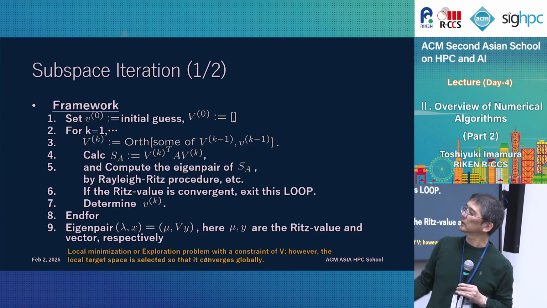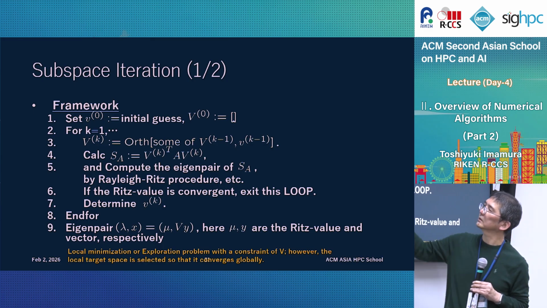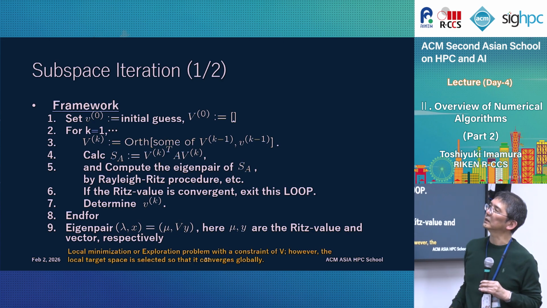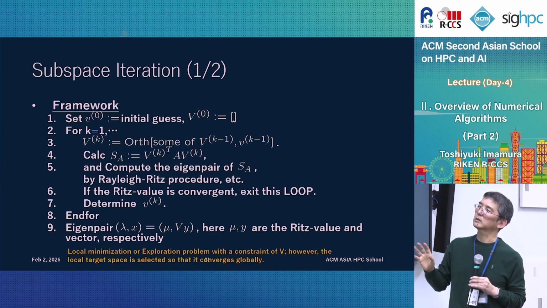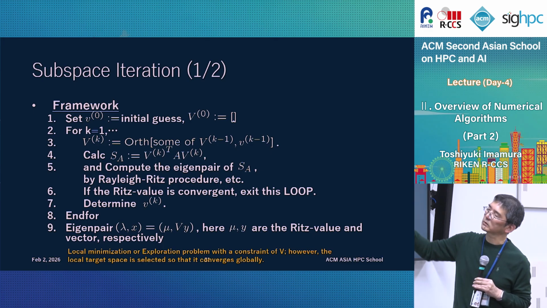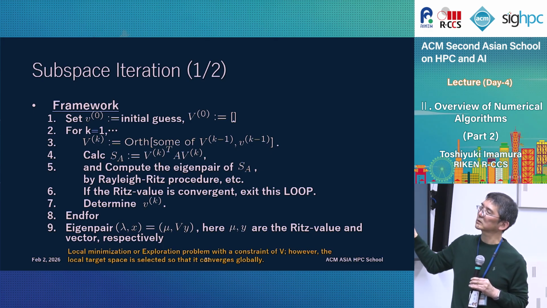Of course, we can convert the relation SA to the original matrix A. We have some relation between SA and A. But this procedure converges to a certain value or certain vector.